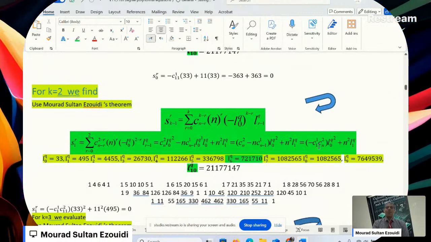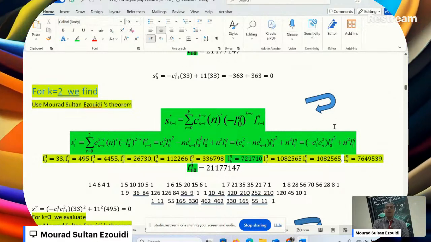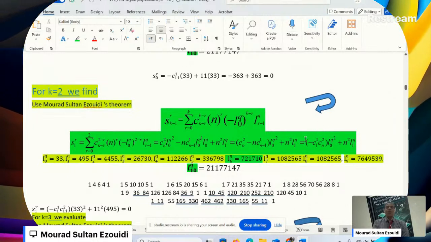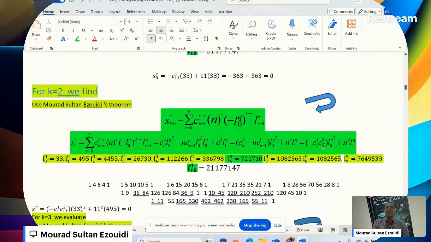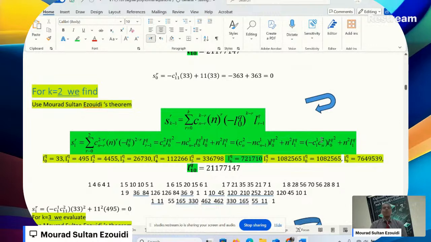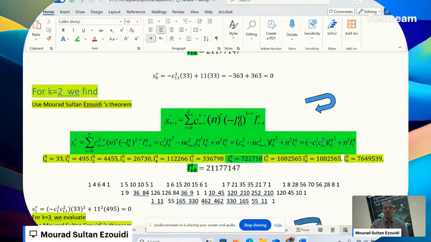When n equals 2, we get the quadratic equation. But this one is not the discriminant formula we used before. This is the second coefficient of the new second degree polynomial equation.